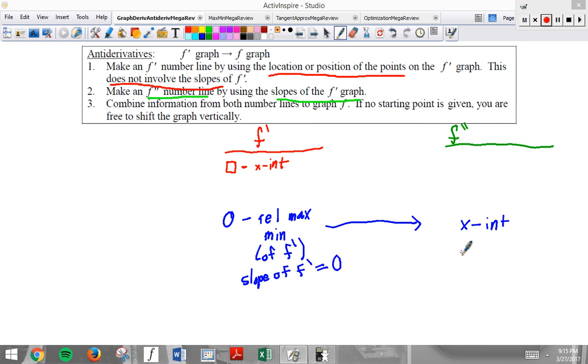So we're getting x-intercepts, because we're talking about f double prime equals 0. Slope of f prime is f double prime. Okay. Now the x-intercepts of the f prime graph will actually have nothing to do with the f prime graph. But this line will go the other way into your other function, f.